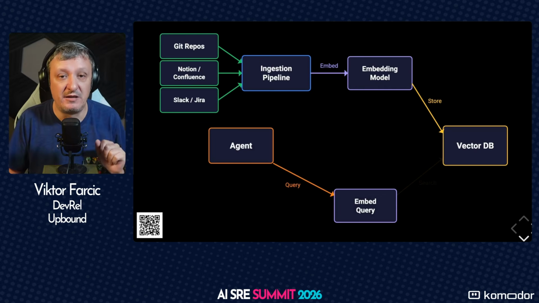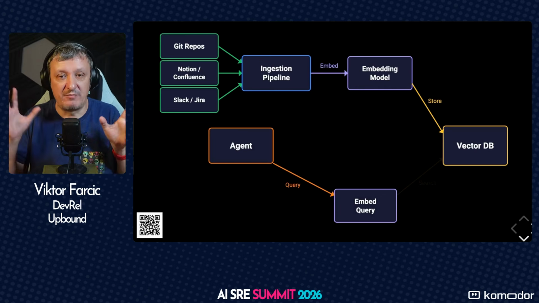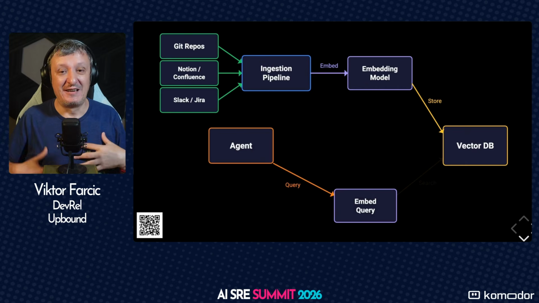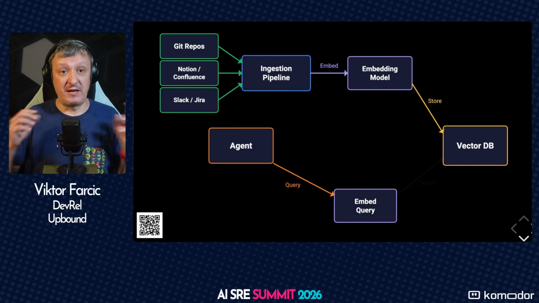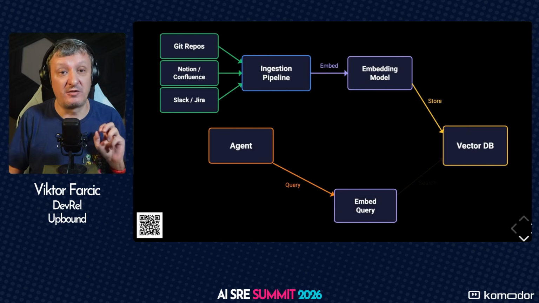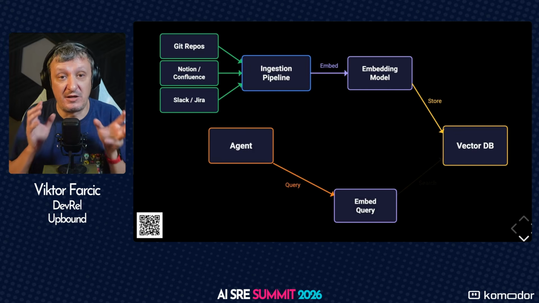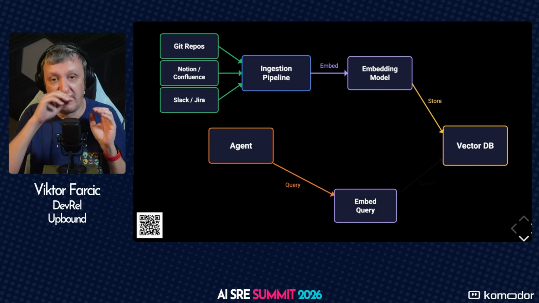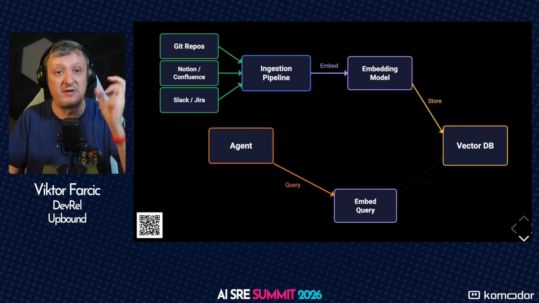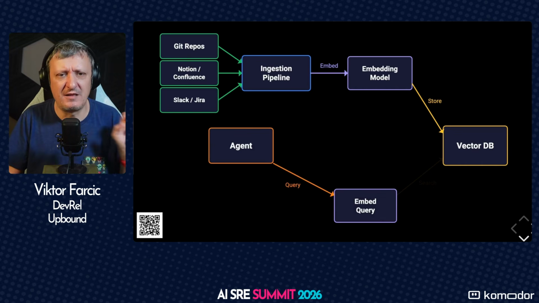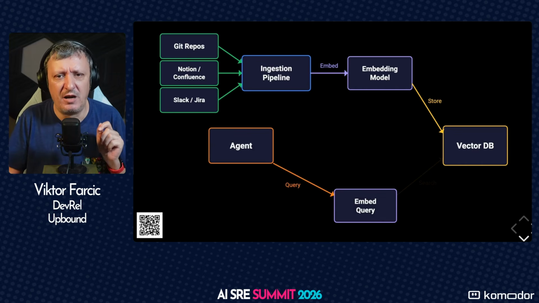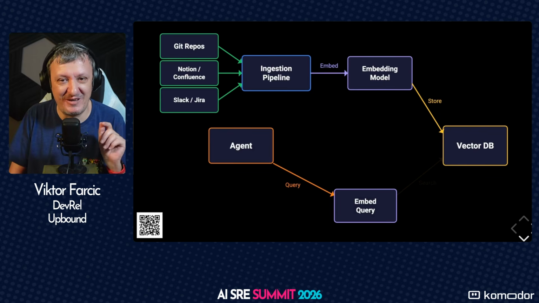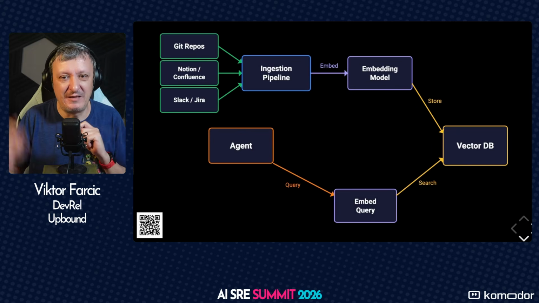retrieval of that data, which is when you ask an agent for something, like, hey, deploy my database. Then you want to search for all the knowledge that is close to the meaning of deploy database, right? And we do that by, again, creating embeddings. Those are very light models, very cheap. Again, converting it to numbers, to put it in very simple terms, and sending it to the vector database.